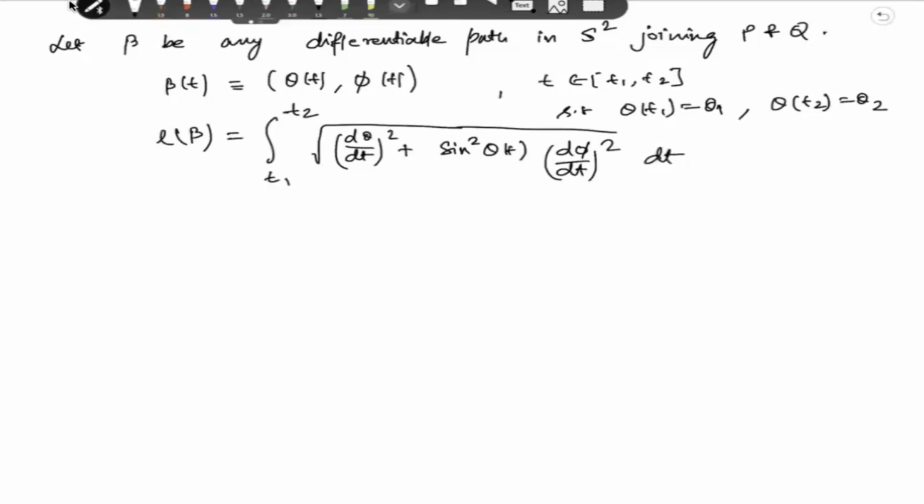Now this one is always greater than or equal to the integration from t1 to t2 of the root of (d phi/dt) whole square dt, and which is nothing but equal to the integration from theta 1 to theta 2.